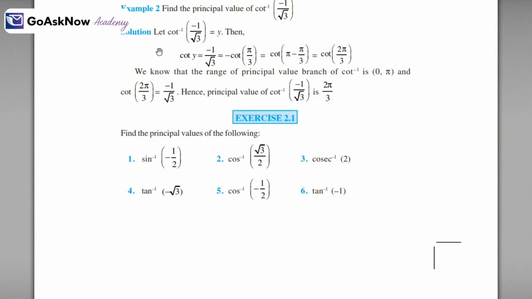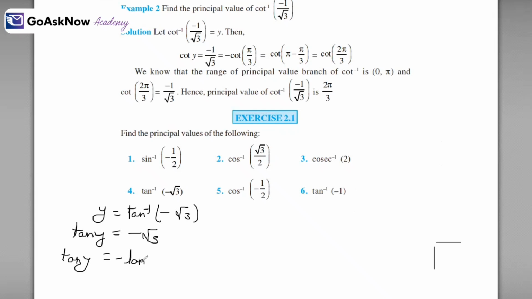So what is the first step? We will assume y is equal to tan inverse minus root 3. So from here we will get tan y is equal to minus root 3. How can I write the angle here? If you remember, at which angle is the value of tan root 3?